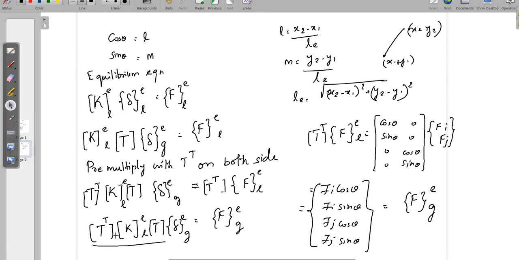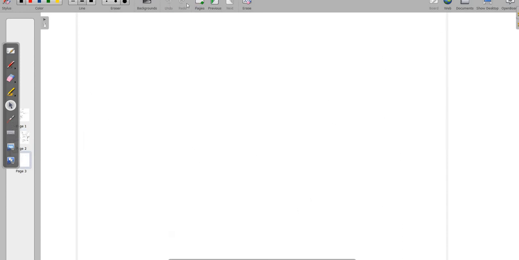It is not going to vary according to the direction. So we are going to replace this term with KE global, because the stiffness matrix is multiplied with the transpose and gets converted to the global coordinate. So I am going to write the K matrix for the elements at global level and the deflection vector for the element at global level equal to the force vector for the elements at global level.